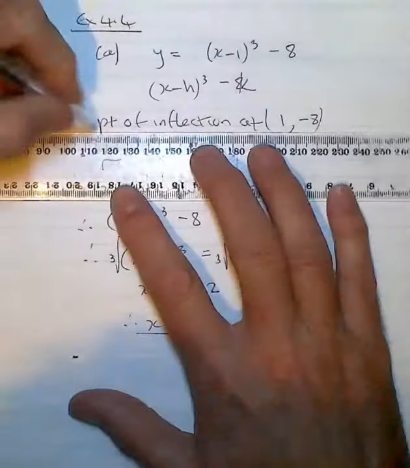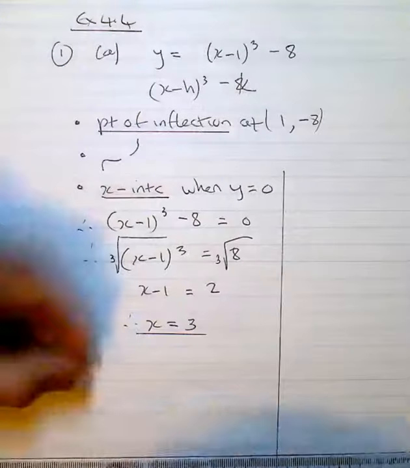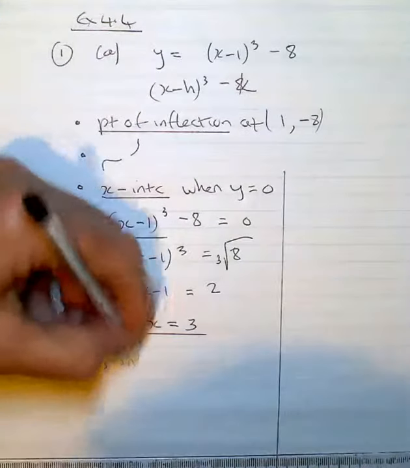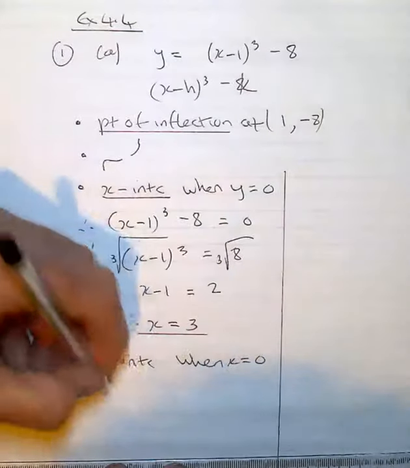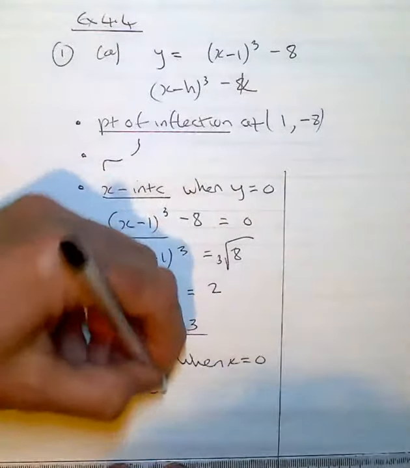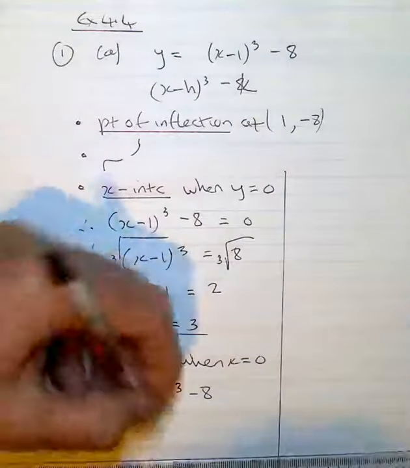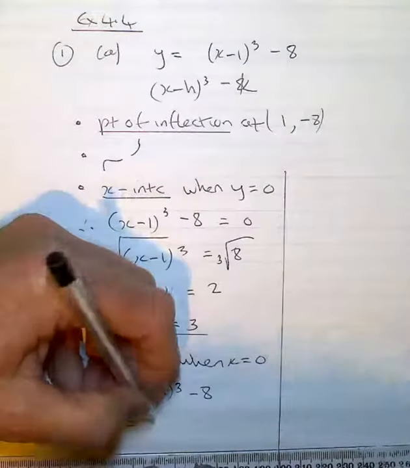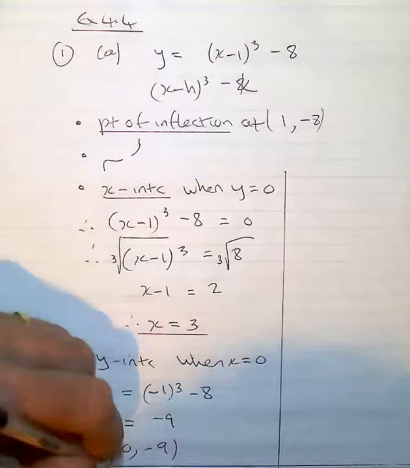The point of inflection, as the equation was given like that, the x-intercept, I now need the y-intercept, which occurs when x is equal to 0. Now when x is 0, that's -1 cubed minus 8, which is -1 take 8, or -9: the point 0, -9.